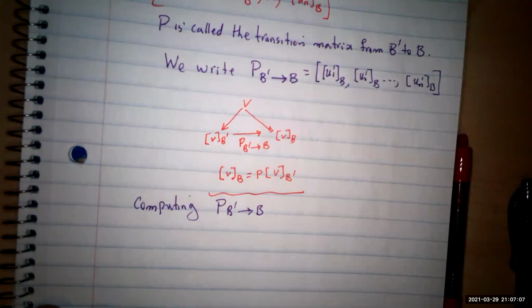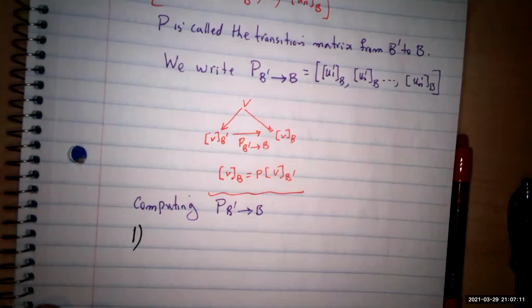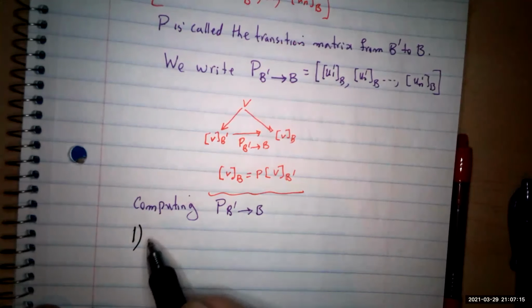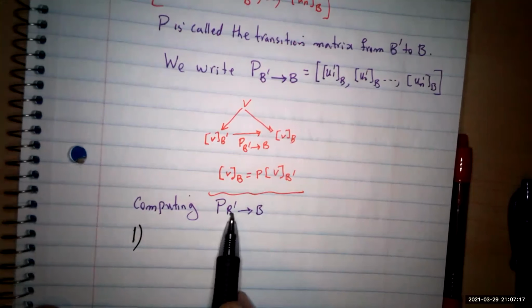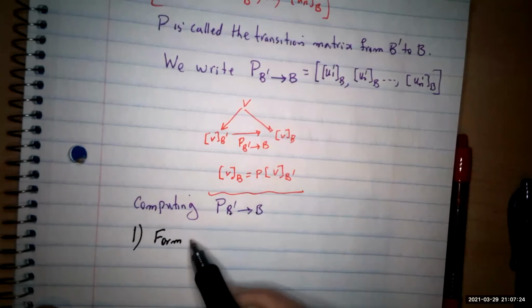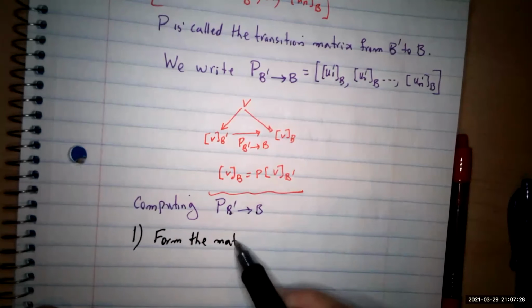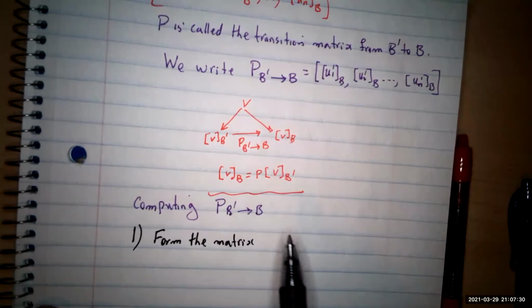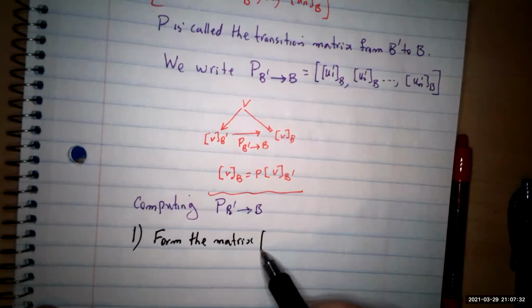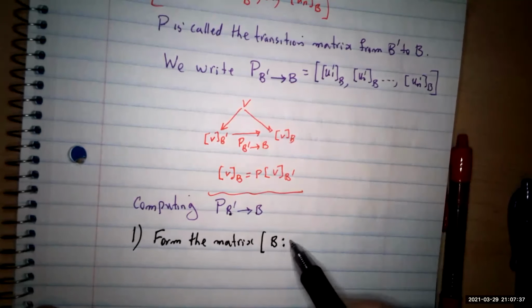So what you are going to do is form a step one. You see, this is B prime to B. You switch it and form this matrix. Switch this: it's B prime to B, you switch it into B, then B prime.